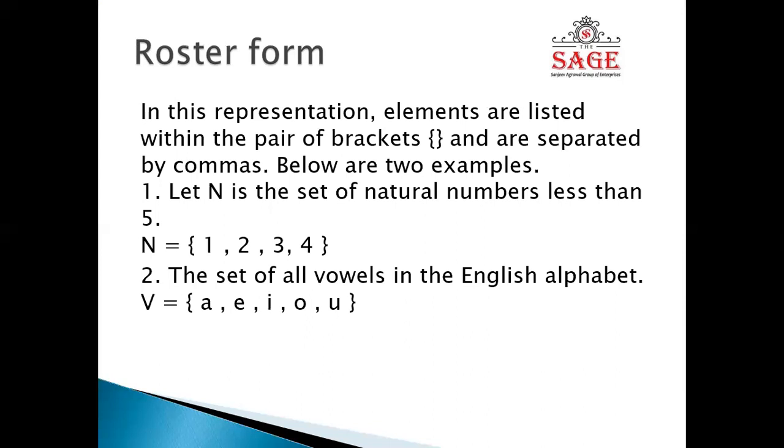The set of integers includes negative numbers like -2, -1, 0, 1, 2, 3. The set of whole numbers is 0, 1, 2, 3, 4, 5, 6. Similarly, the set of rational numbers, complex numbers, and English alphabet. So we can represent a set in roster form, with the elements in curly braces.